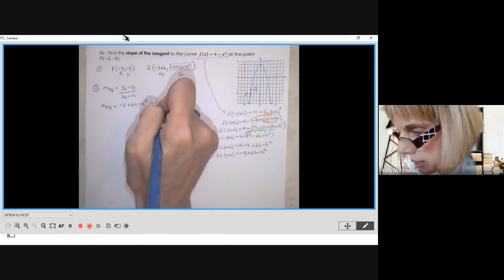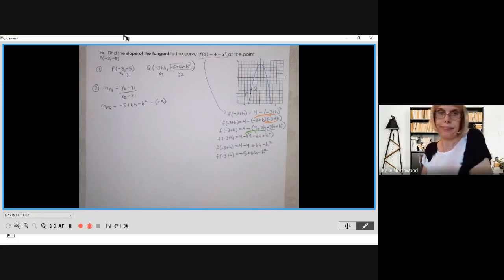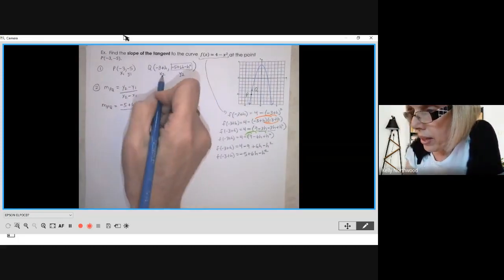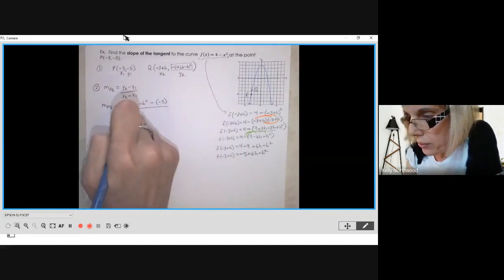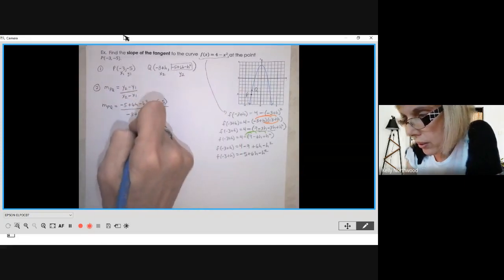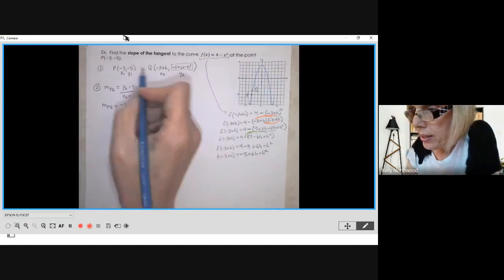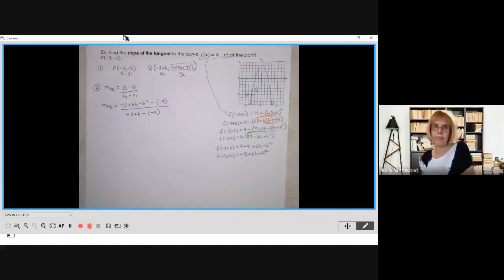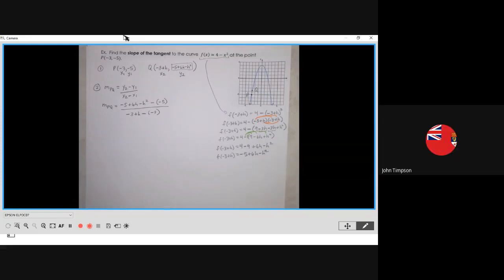So there's my bracket because I subtracted a negative, over x2, which is -3 plus h, minus -3. Everybody okay on that? Just putting in. Yep. A-okay.